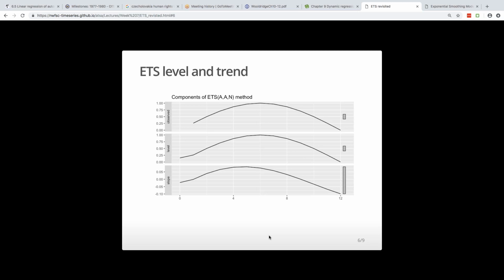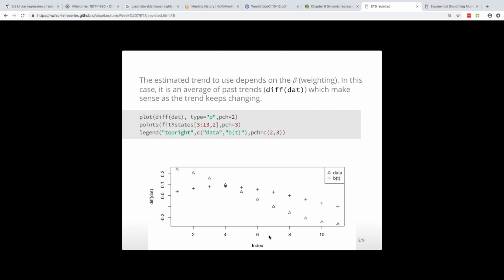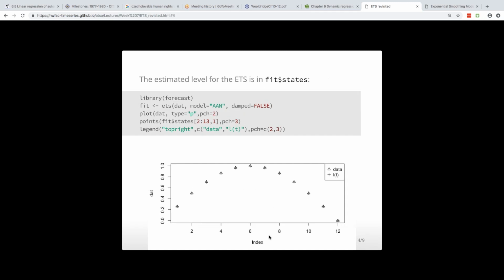Yeah, that is kind of strange. Look at this one. Yeah, so at about 8. Yeah, what is BT? That's that estimated trend.